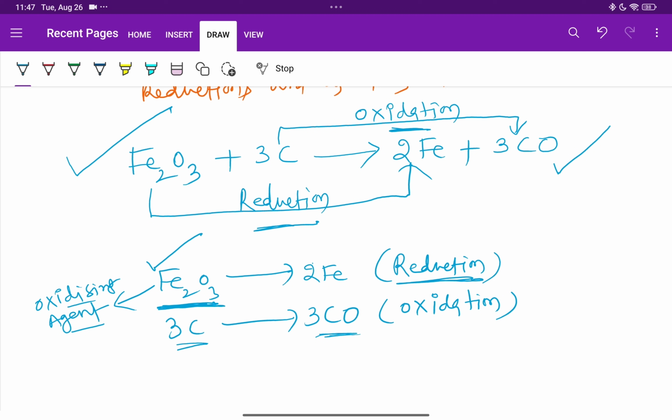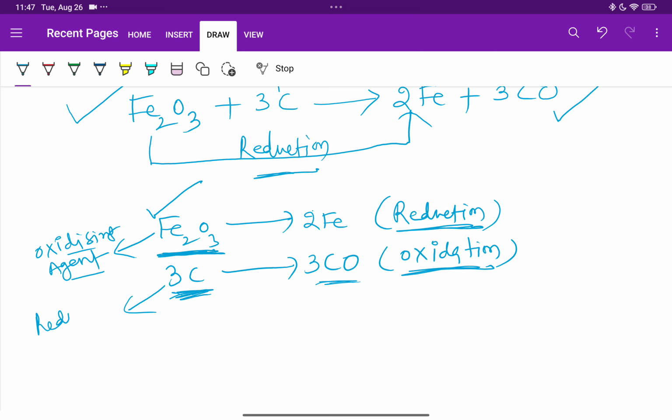Carbon is involved in oxidation, and the substance involved in oxidation is called the reducing agent. So carbon is the reducing agent. The oxidizing agent is also called the oxidant, and the reducing agent is called the reductant.